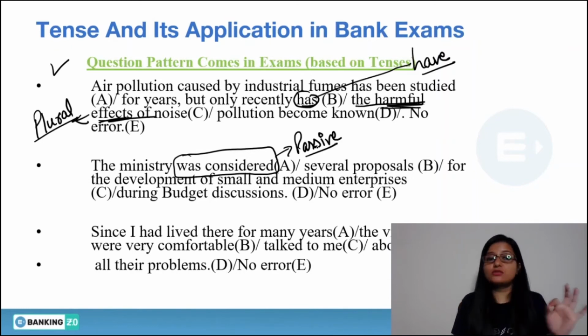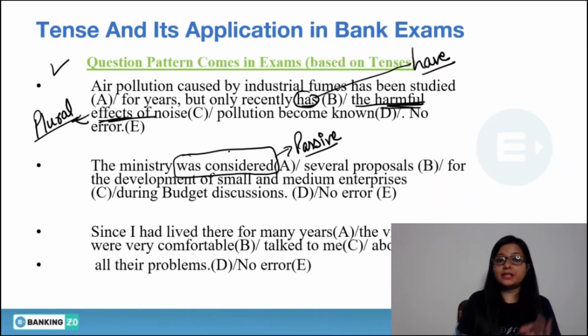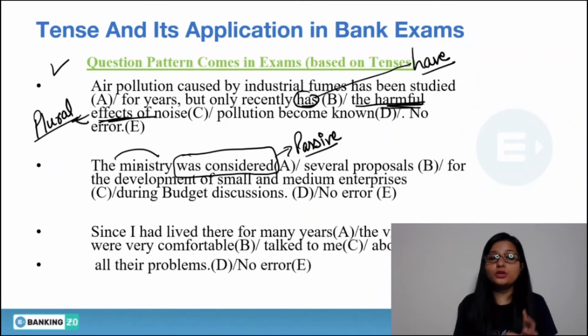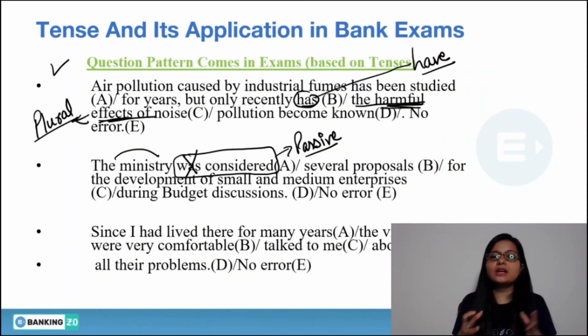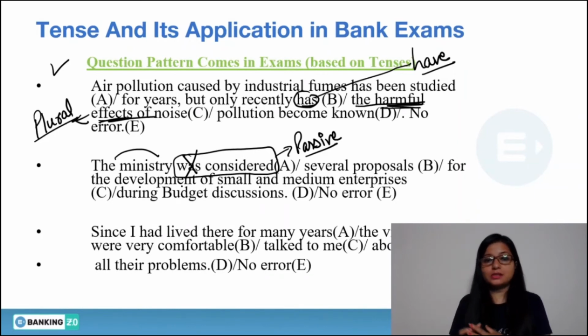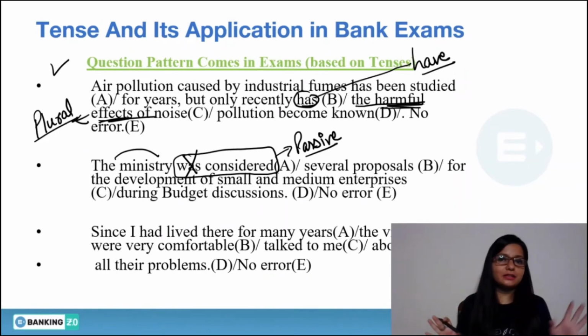Okay, but this is not a passive sentence. Passive sentence means the subject is not the doer, but the ministry is the doer itself here in this sentence. That is why we do not need to convert it into a passive sentence. So this sentence is incorrect. So simply remove was from here, and the ministry considered several proposals is an absolutely correct sentence.